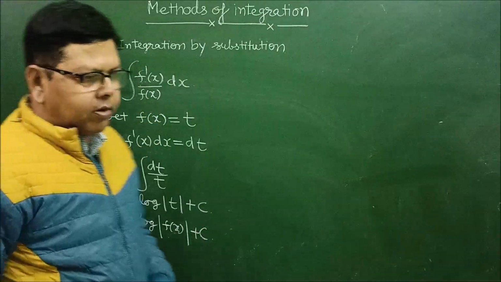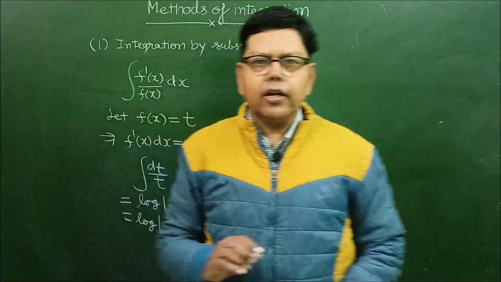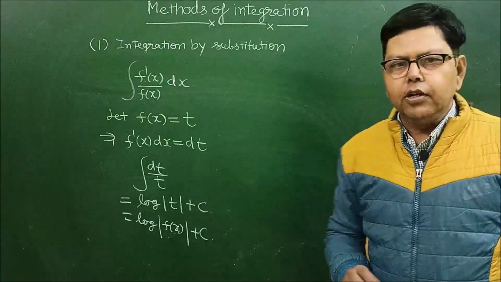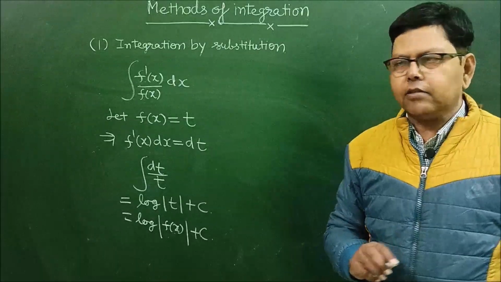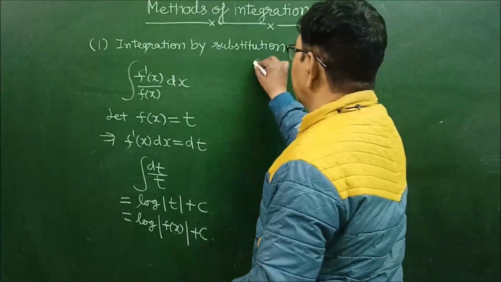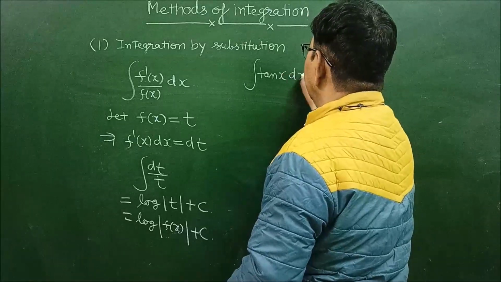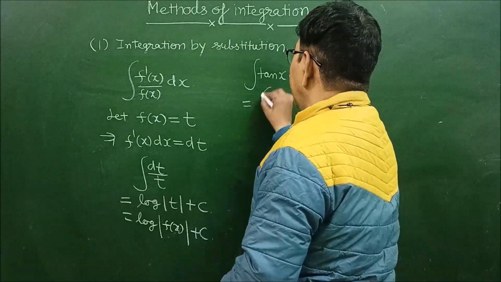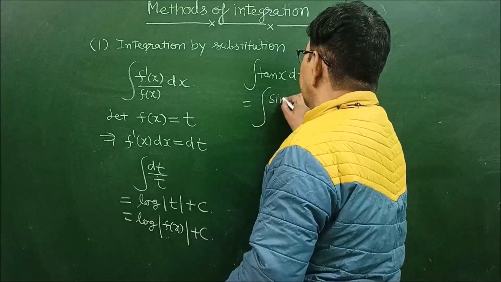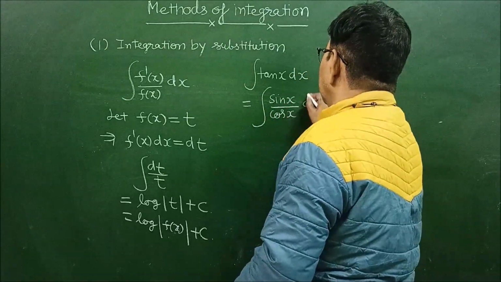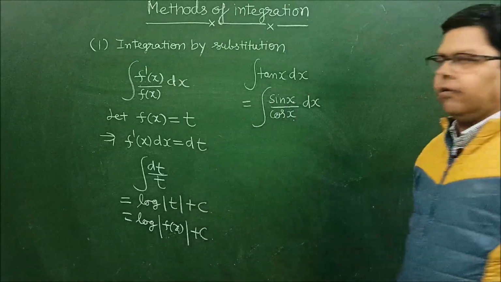Today I will discuss some standard functions having this form. So let us start with the integral of tan x, integration of tan x dx. I can write tan x as sin x upon cos x. Now the differential of the denominator is available here.